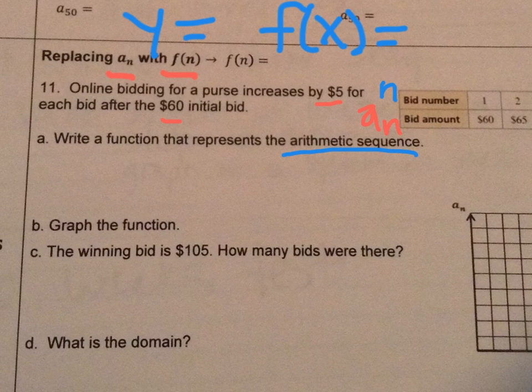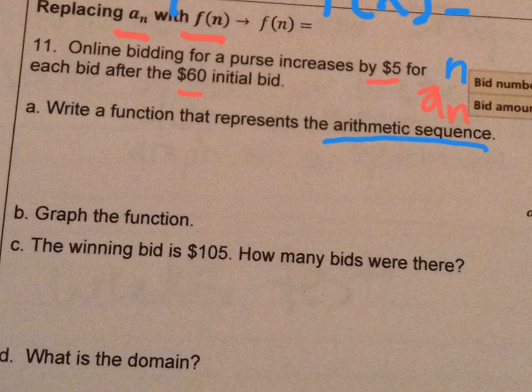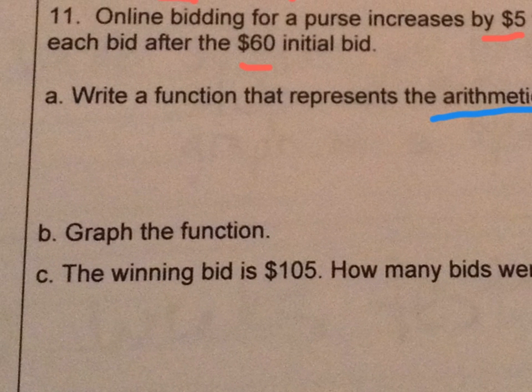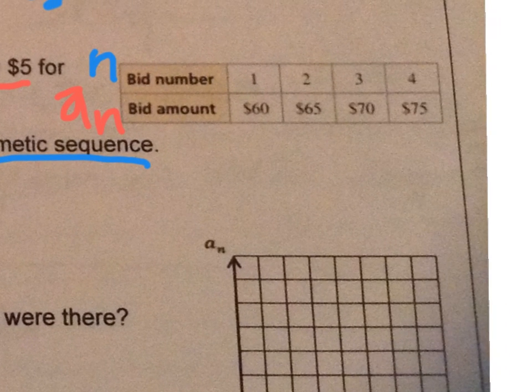Okay, and we want to write a function. Well, you've been doing that. Again, what are we going to do with the table in a calculator? Hopefully you said stat edit. So we'll go to stat edit, and then you'll plug in the values from this table.